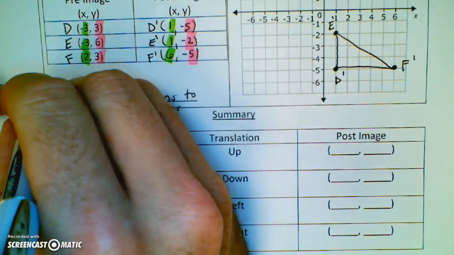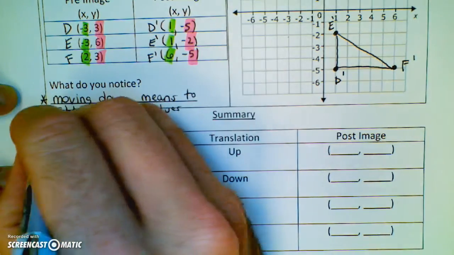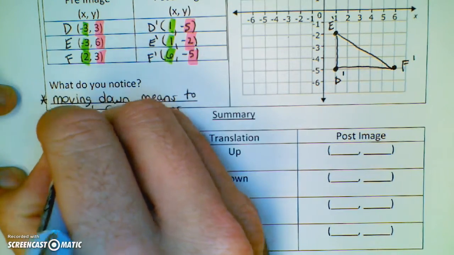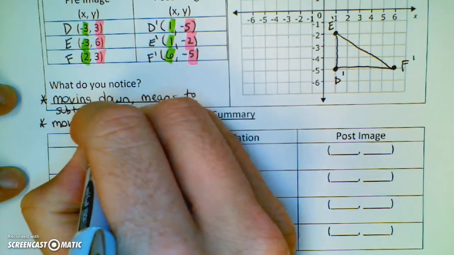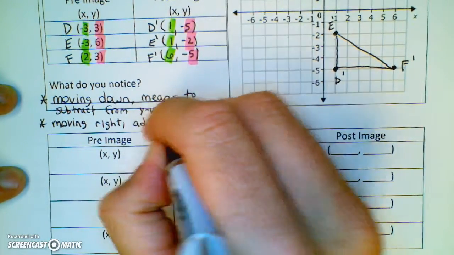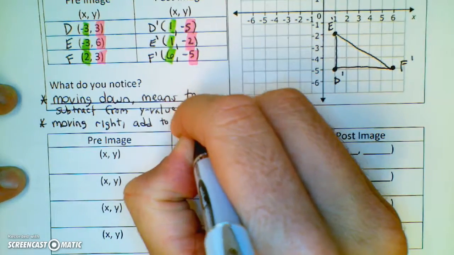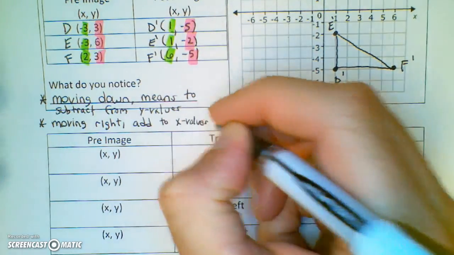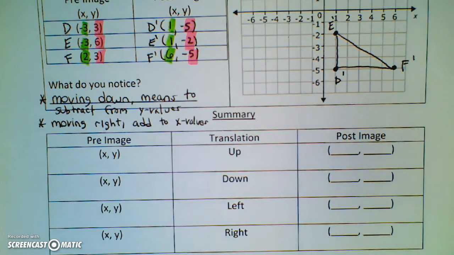And then moving to the right means you add to x values. Okay. So those are some rules you can use to help you if you like the rules. If you don't want to use the rules, you don't have to. You can just count the spaces and you still will get the translation.